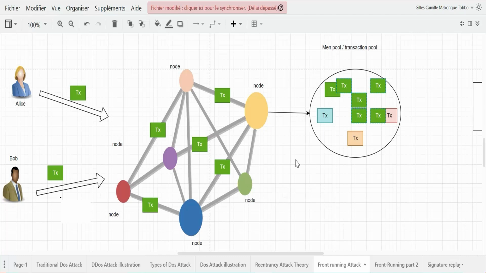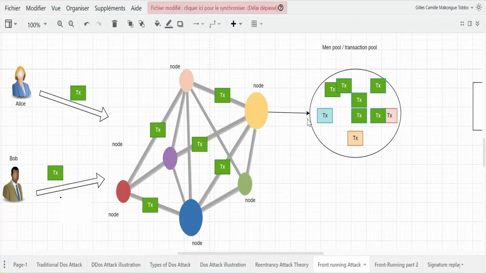To implement a denial of service attack on blockchain, you need to understand that it has to pass through transaction flooding, because you flood the network with transactions, and all these transactions go into the mempool. The mempool is the place where transactions that are yet to be mined stay. Once it is there, it's going to create network latency.